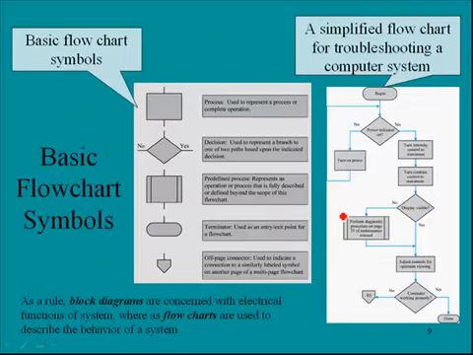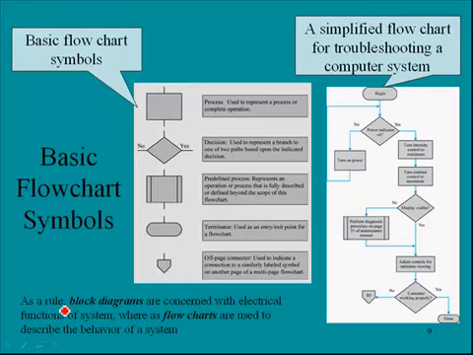Now here in your textbook we have some pictures of flowchart symbols, and we'll give a little bit of definition of their meaning. And then here is an actual flowchart, a simplified flowchart for troubleshooting a computer system.